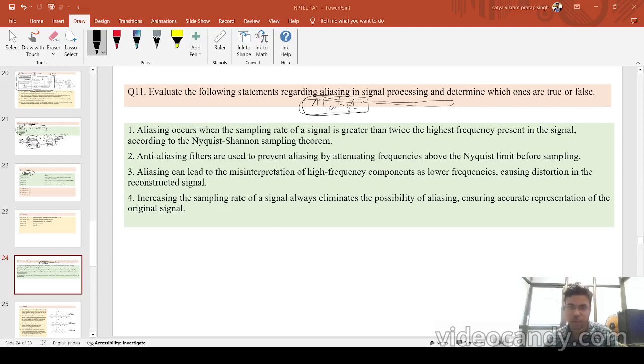Somebody is saying A option is correct. You can see this R is given. Multiple answers can be true, multiple answers can be false. A may be correct, A may be false, and multiple answers can be there. Any other answer, guys?